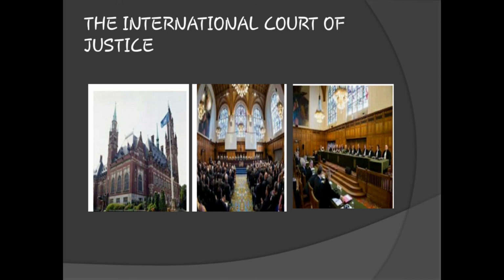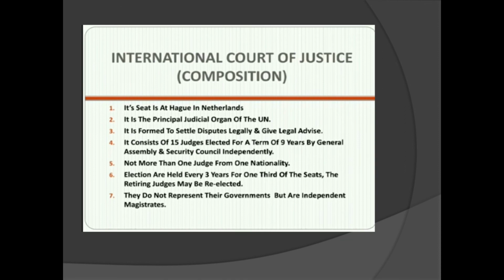Out of 15, 5 judges retire every 3 years. No 2 judges can be from the same country. That means from one country there cannot be 2 judges. So, every country will be representing only 1 judge to the UNO.